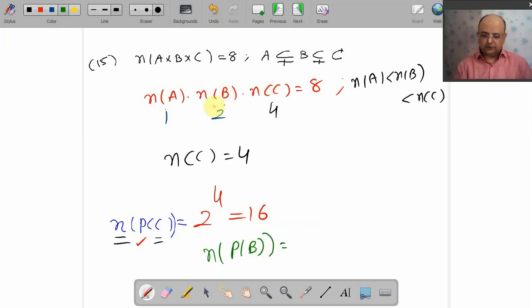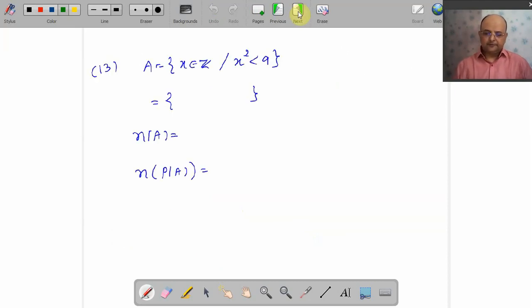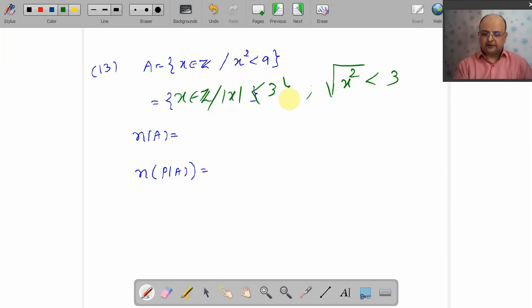B has only 2 elements, so this is 2 raised to 2, that is 4. Easy, wasn't it? Okay. A is the collection of all integers where x square is less than 9, that is x belongs to Z. Well, I take square root. If I take square root, root x square is less than 3, that is mod x is less than 3.